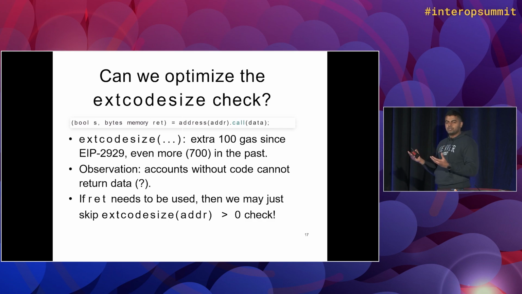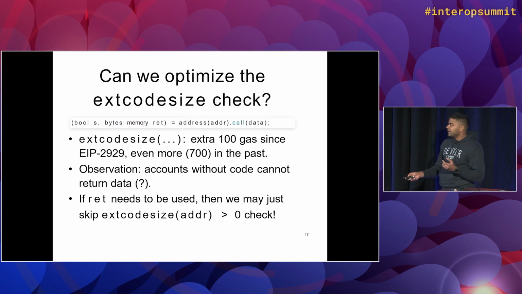But can we actually optimize this even better? We can make one observation here. The observation is that accounts without code cannot return data, right? This means that if this is an address without code, then the return value is going to be just empty.